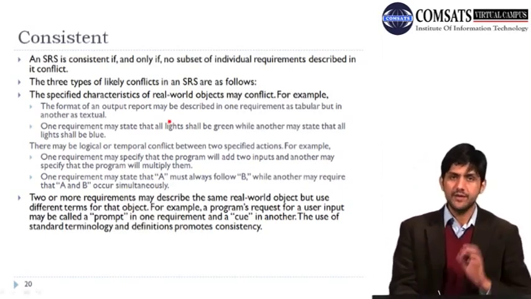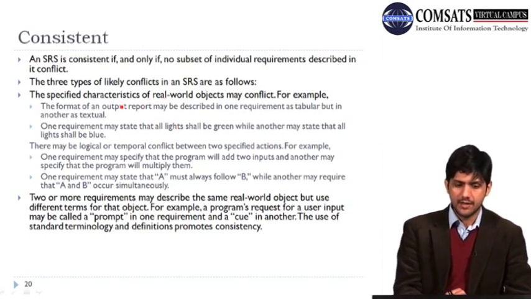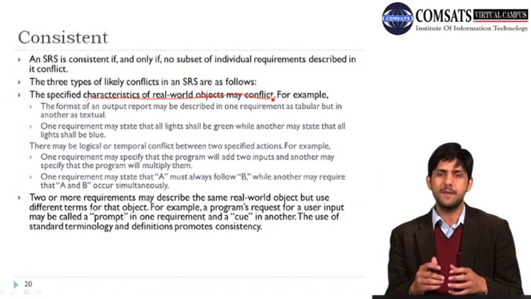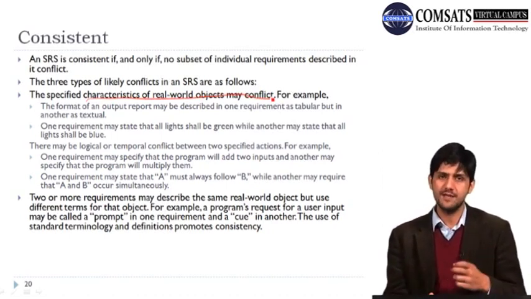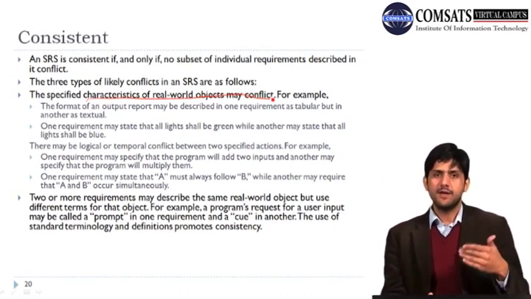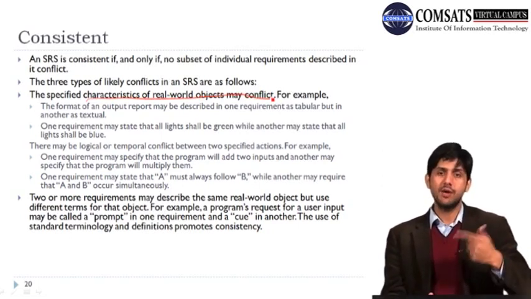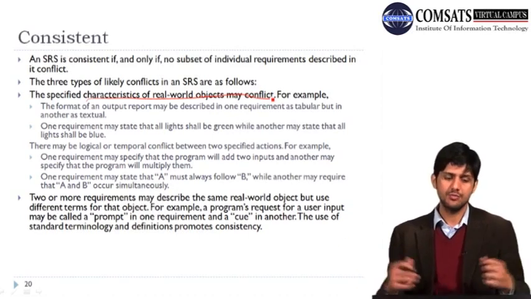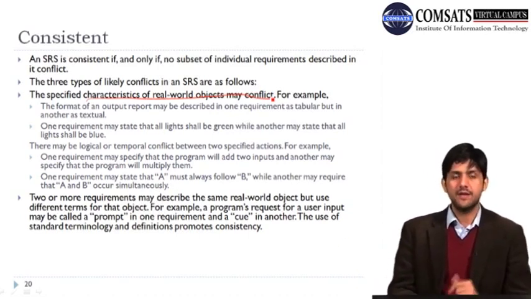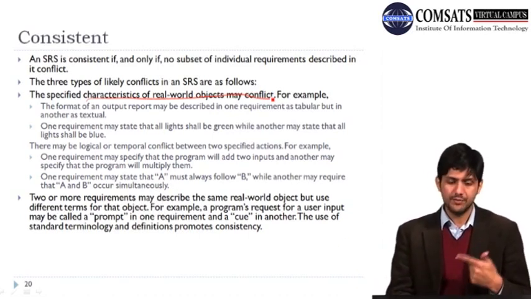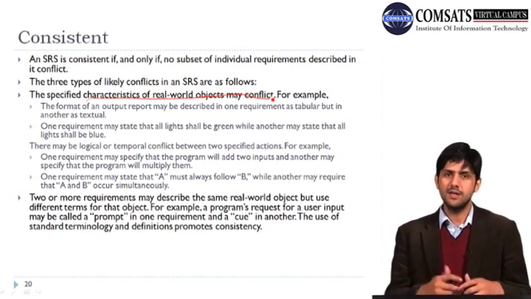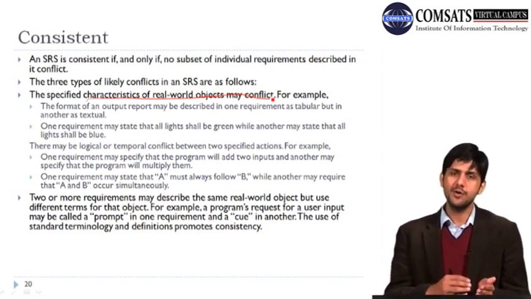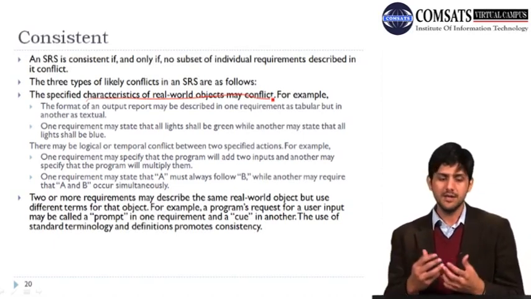So the first type of conflict in our requirements is that the characteristics of the real world objects may conflict. We have seen the example of a report, and maybe some lights: in one requirement you're saying this particular report should be generated in a tabular form, and in another instance we are saying it should be generated in a textual form. And there can be logical or temporal conflicts. For example, we are saying that a certain activity or process should follow another process, while elsewhere we are saying they are occurring simultaneously.